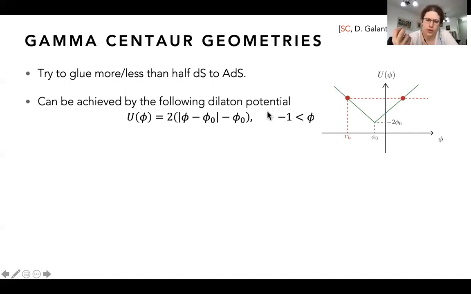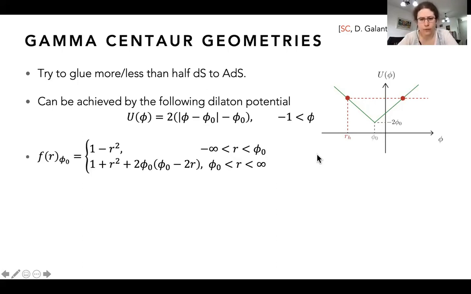Just change the portion of de Sitter that is being glued to AdS by considering the following dilaton potentials, which essentially are just a shift. They just kink at a different value of phi naught. So essentially the two geometries are just glued at some different value of the radial coordinate. In this way, they have more or less than half of de Sitter.